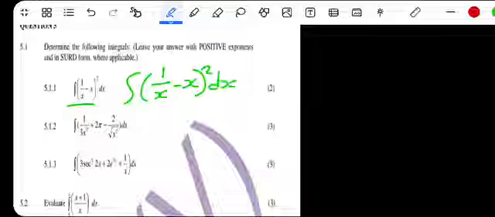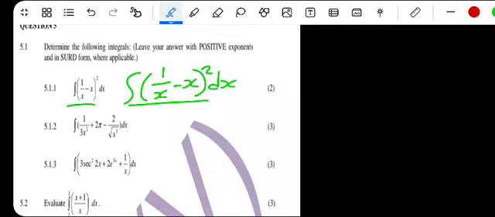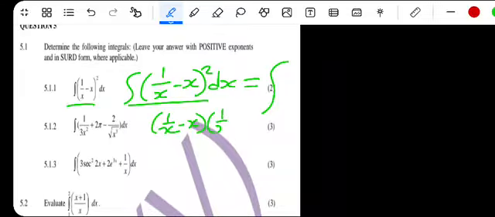So let's just simplify that. If you simplify that, this is what you have. You'll have your integral. You're supposed to see this is the same as 1 over x minus x into 1 over x minus x, like you multiply two same things there.